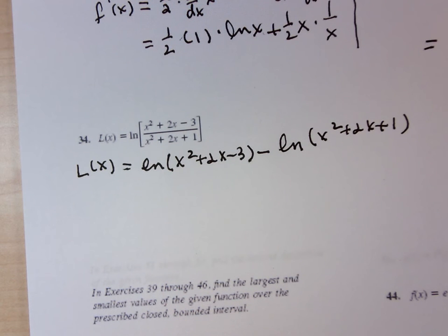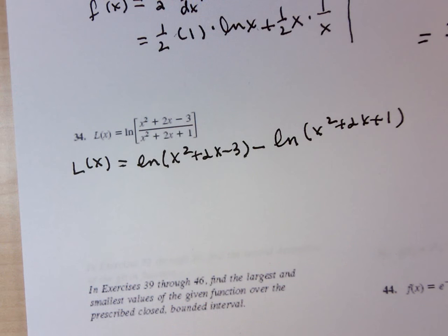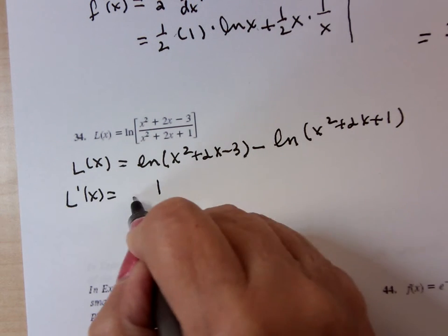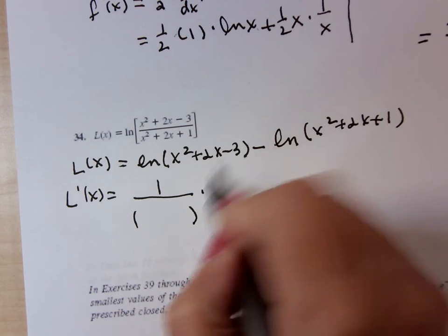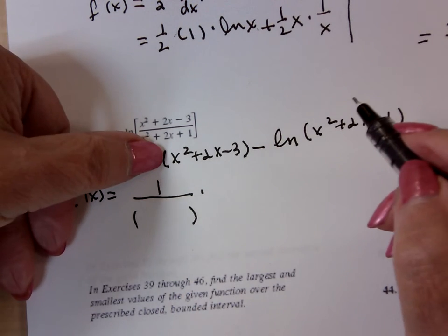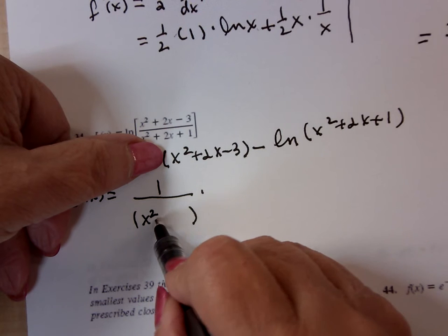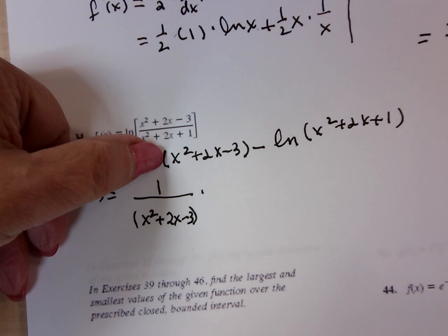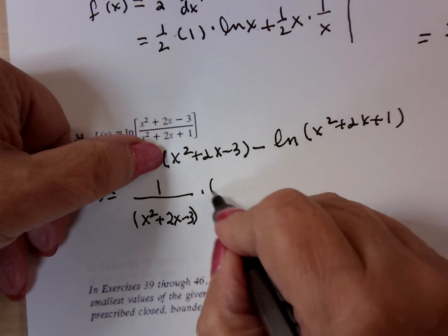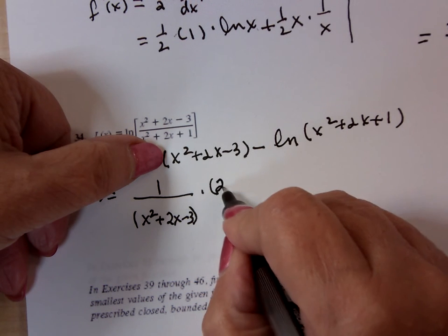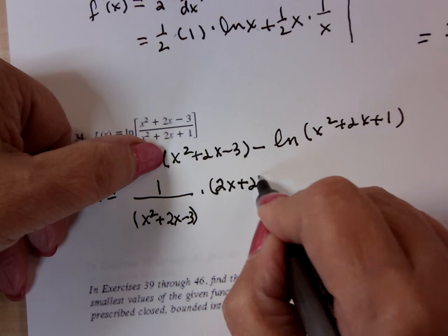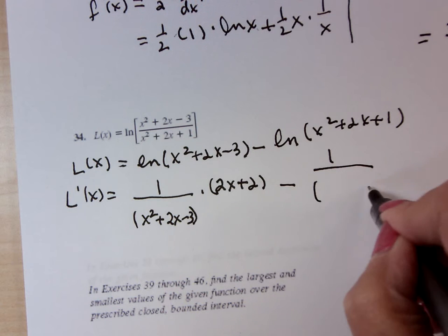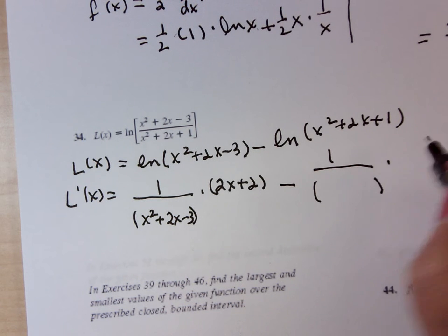Now it's just 1 over the blob times the derivative of the blob. So that L prime of x is 1 over the blob times the derivative of the blob. The blob is x squared plus 2x minus 3. And the derivative of x squared plus 2x minus 3 is 2x plus 2 minus 1 over the blob times the derivative of the blob.